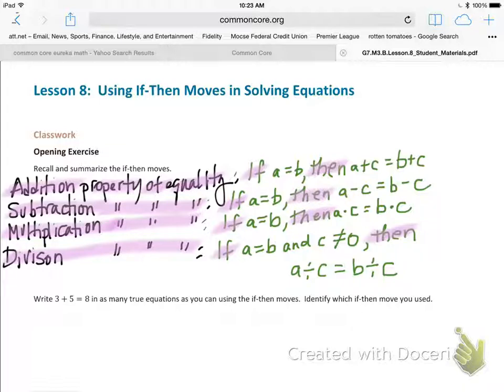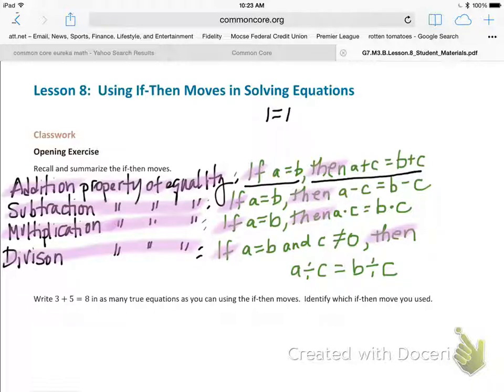It starts off with if A equals B, then A plus C equals B plus C. Very simple. So if A equals B and A is 1, that means B has to be 1.